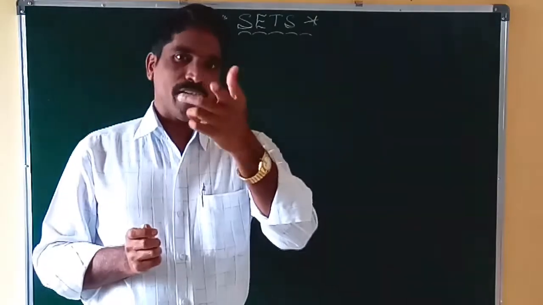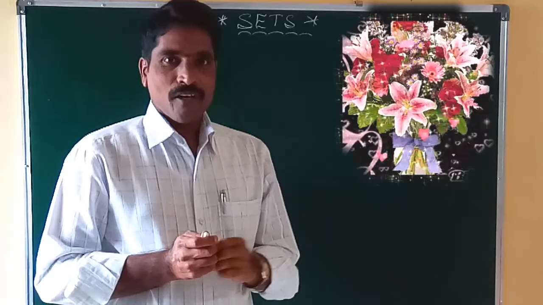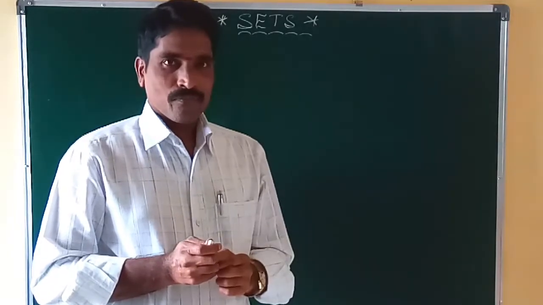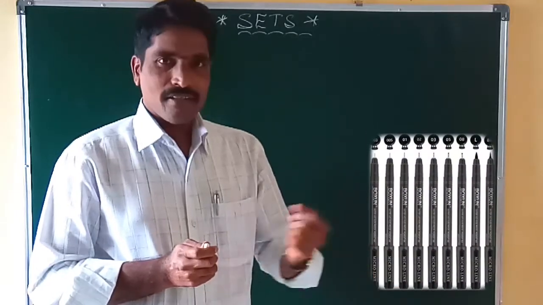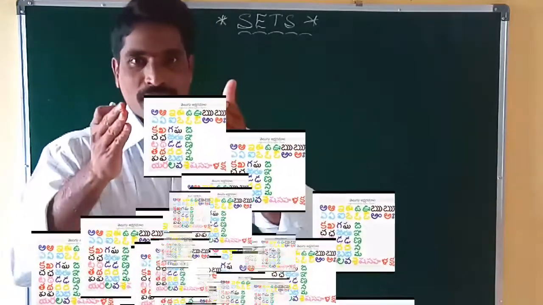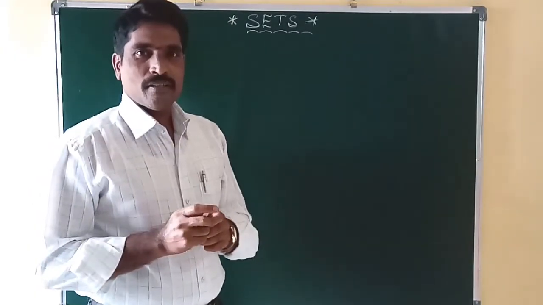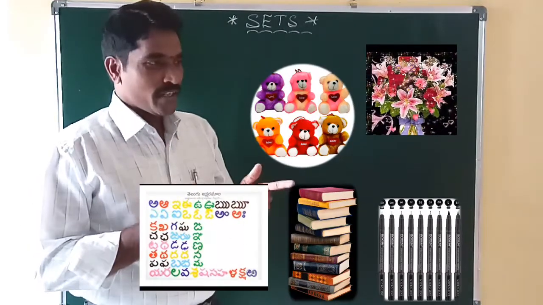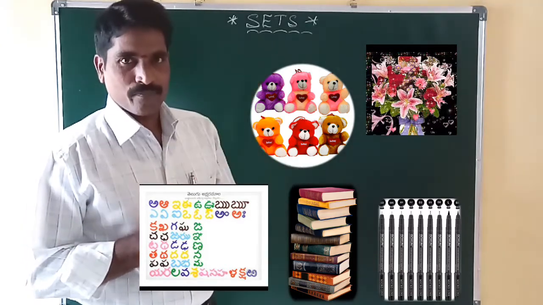Yes, absolutely, you're right. We have a bunch of flowers, a wall of books, a collection of teddy bears, a collection of pens and a group of letters in Telugu. The one thing that can be seen in common is that everything is in the form of a group or a set.